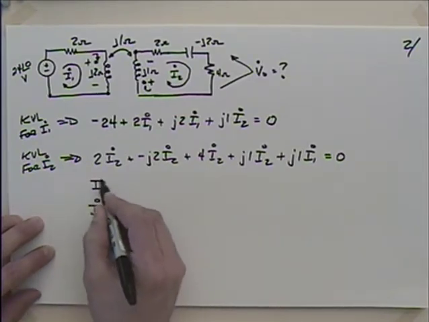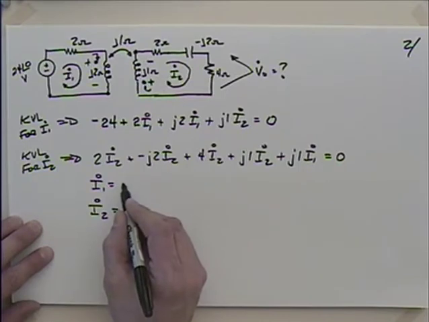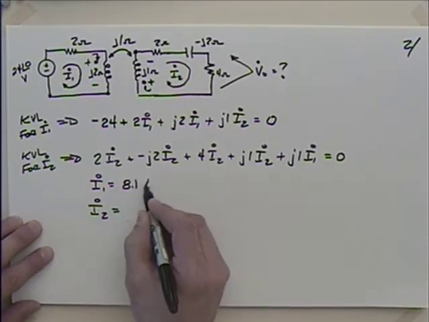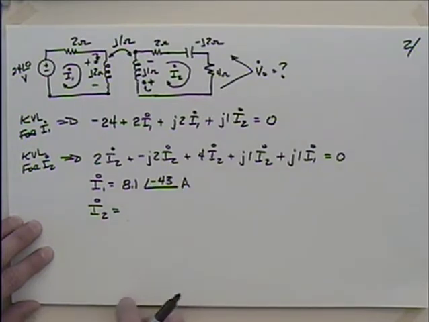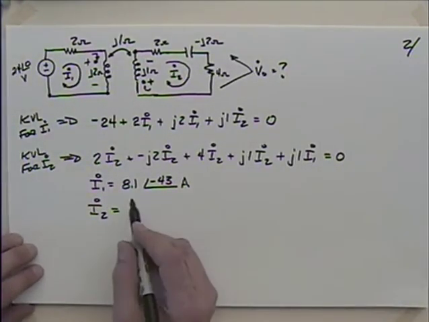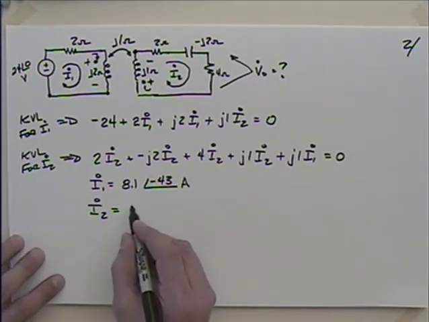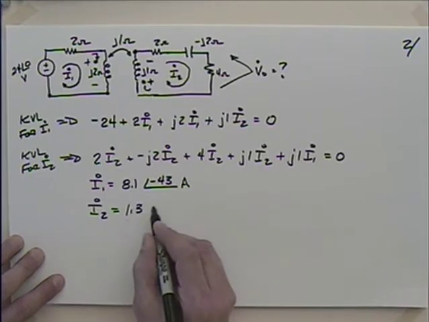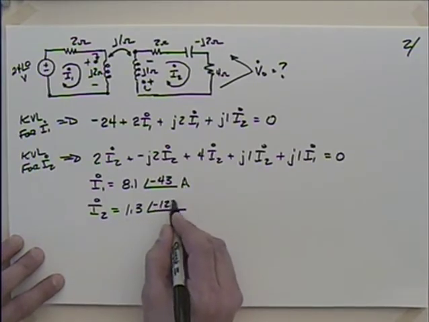Let me give you I1 and I2 as you maybe go through and try this on your own to practice. You should come up with I1 equal to 8.1 at an angle of minus 43 amps. And that would be just amps, not RMS. We were given volts, so this would be volts and amps. It's not RMS. Only in three-phase do we take RMS unless noted otherwise. I2 is what we're really looking for, 1.3 at an angle of minus 123.